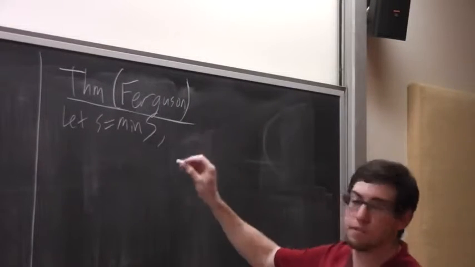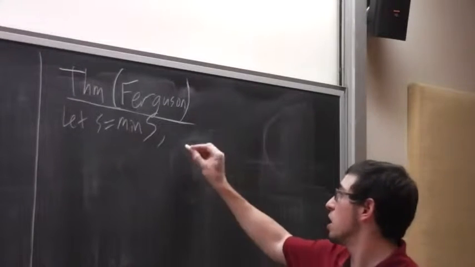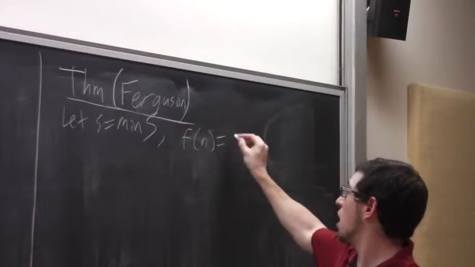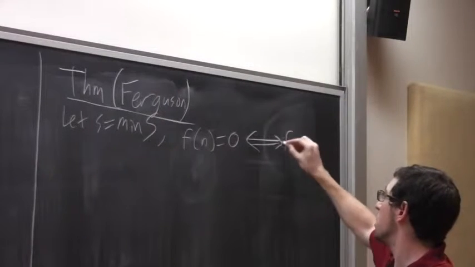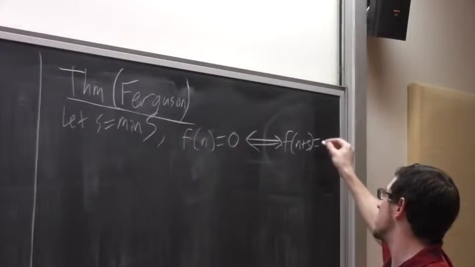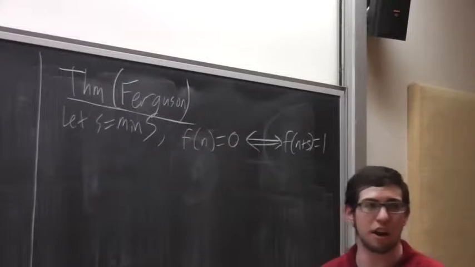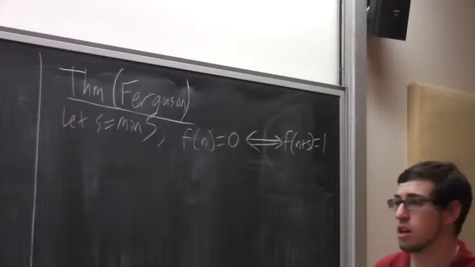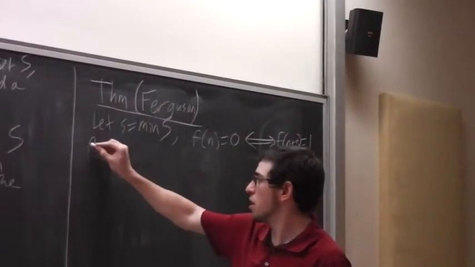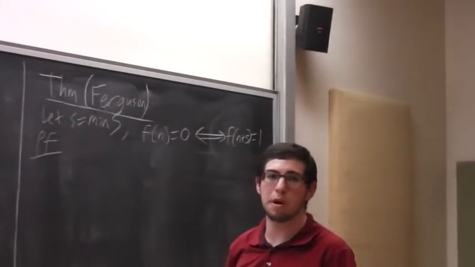We have, f is still going to be the Sprague-Grundy function, f of n is equal to 0 if and only if f of n plus s is equal to 1. So the zeros and ones come in pairs, and they're separated by the minimum element of the subtraction set. And the proof will be by minimal counterexample.